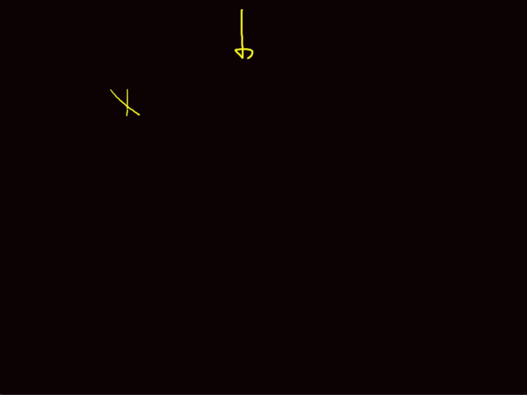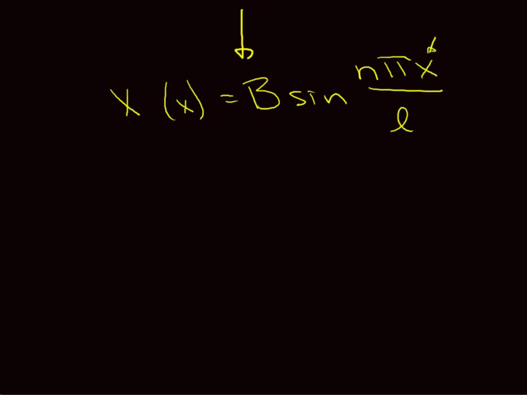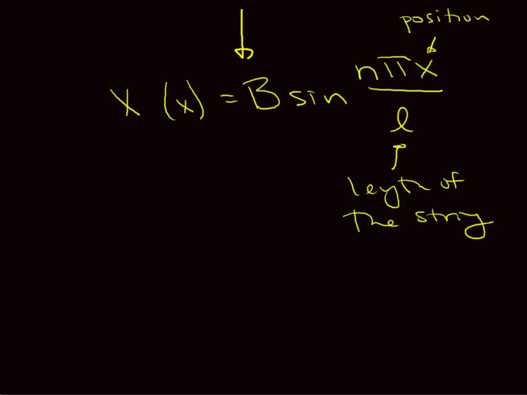So we take that information and we say that our function X of x is equal to b sine of n pi x over L. Remember that x is our position along the string, and L is the length of the string, or the length of a molecule.